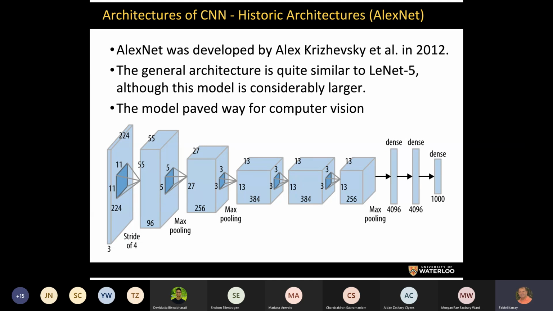So he worked with him on this particular network, and this is the network that provided the success of deep learning in 2012. There was a benchmark where they were able to break the records for recognition of images using this particular type of structure. So this is what is known as AlexNet.